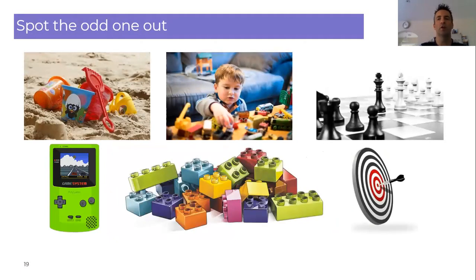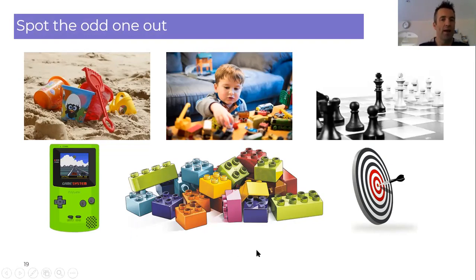Okay, which one is the odd one out here? I'll give you a moment to pause the screen, have a think. Okay, well done if you spotted that the one over here on the bottom left is the odd one out.